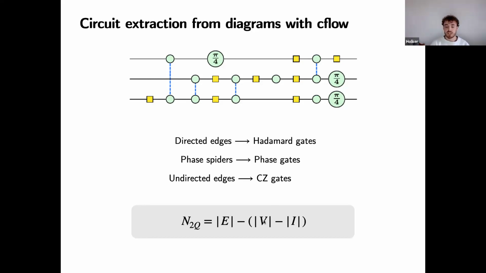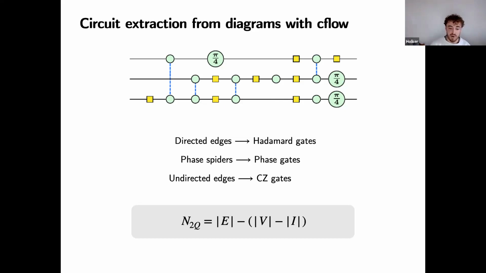So the number of directed edges in our diagram is going to be the number of vertices minus the number of inputs, as every non-output vertex has one successor function, so has one directed edge, and then every other edge will be an undirected edge and can be pulled out into a CZ gate.